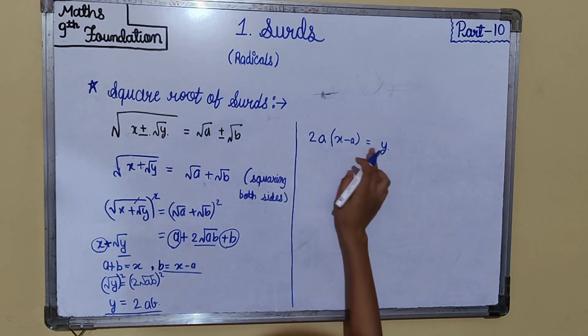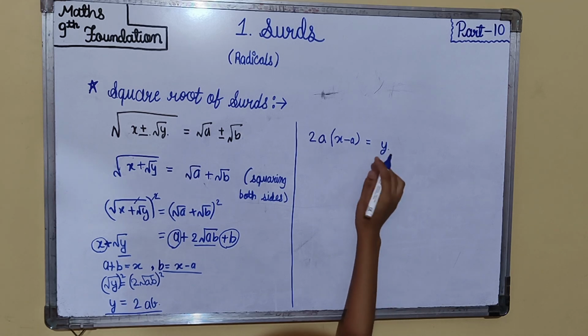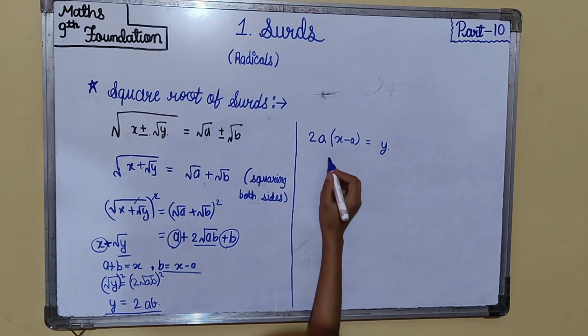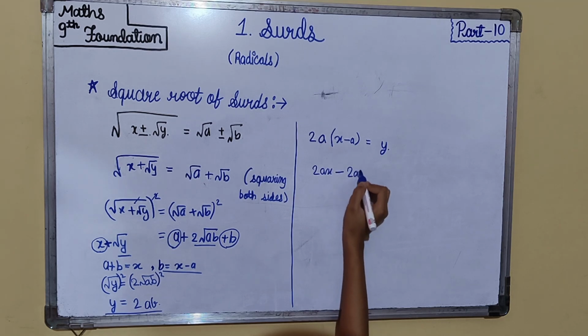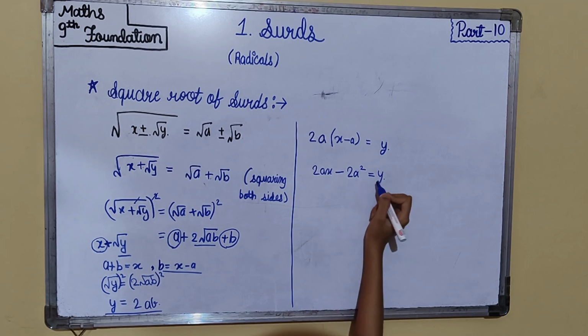Y would be as it is. Now we will get the value 2ax minus 2a square is equal to y.